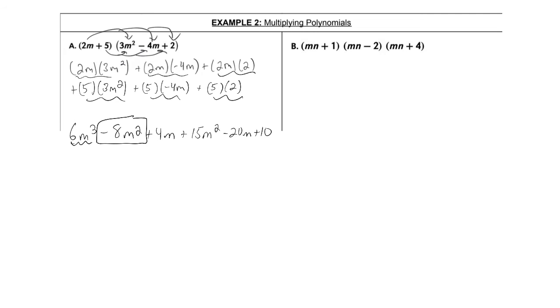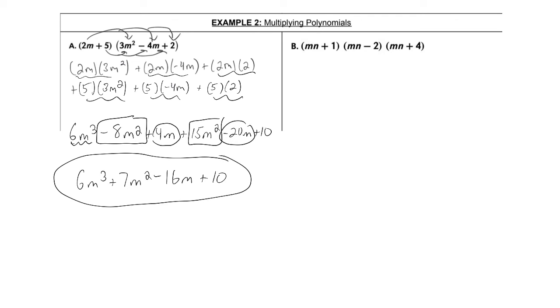We'll combine our m squareds. So 6m cubed plus 7m squared. Combine our m's, we get negative 16m. And then last is our constant, so plus 10. So that's how we multiply two polynomials together.